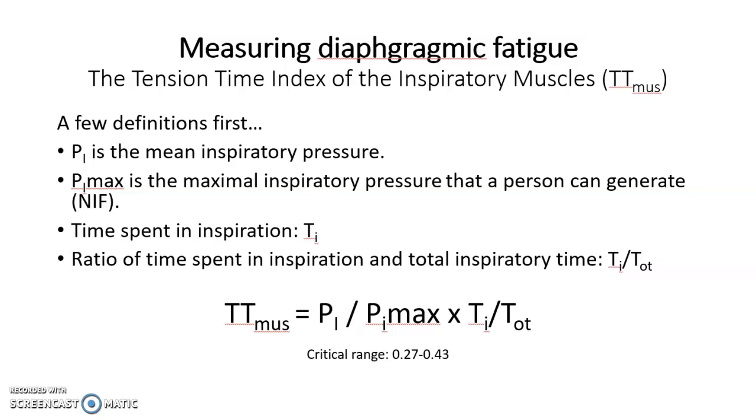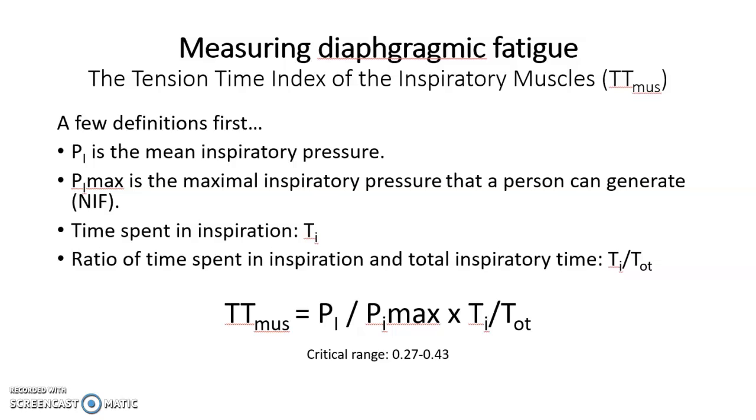Then we have the PI max, which is the same thing as a NIF, the negative inspiratory force. A spontaneously breathing awake patient can provide all of those things for you. Okay, so then you look at the TI-TOT. And then you plug them into this equation and you get the TT-MUS.